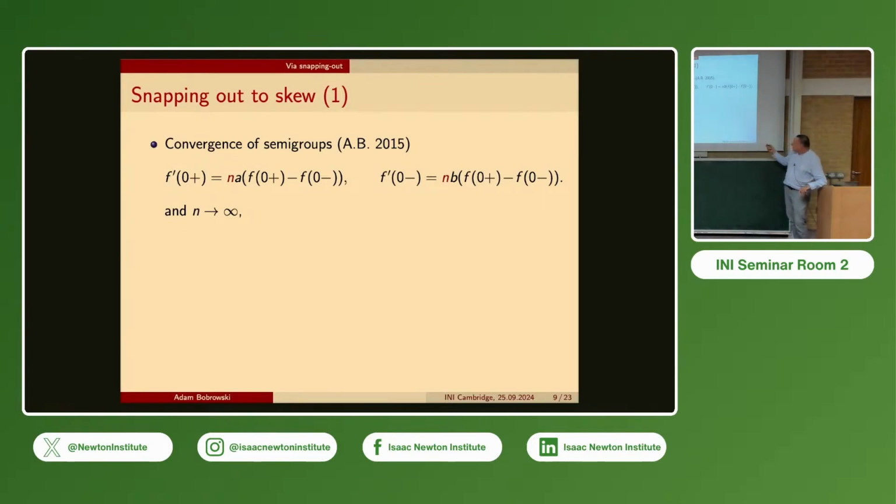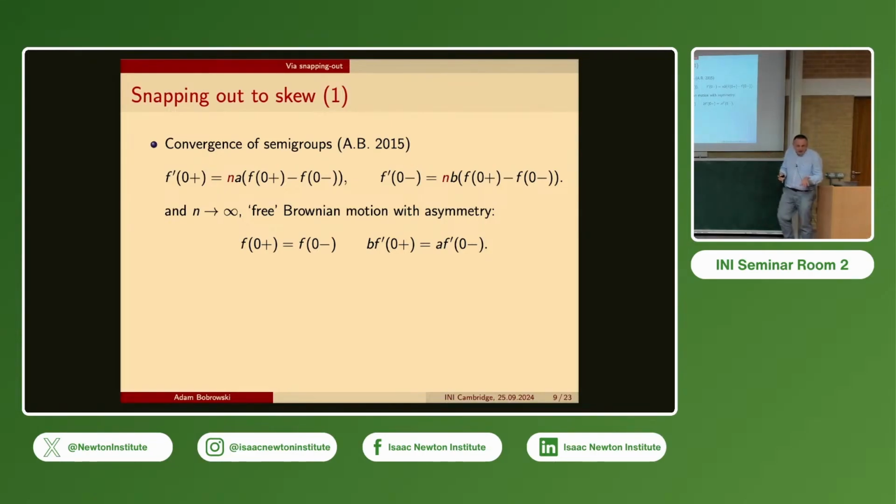If you look at these boundary conditions, you immediately realize that two conditions have to hold in the limit. First of all, f of 0 plus must be f of 0 minus, which is not surprising. But the other one is just by looking at these two. So we have some kind of asymmetry: even though permeability is infinite, in the limit you have some kind of asymmetry between the way particles filter to the right or to the left.